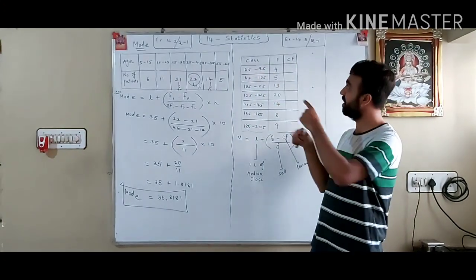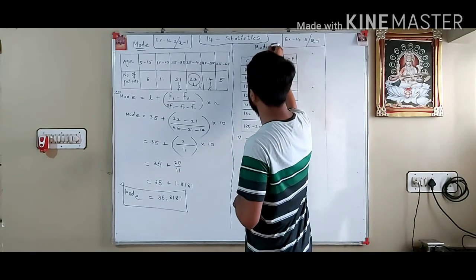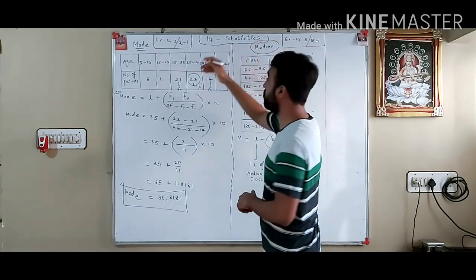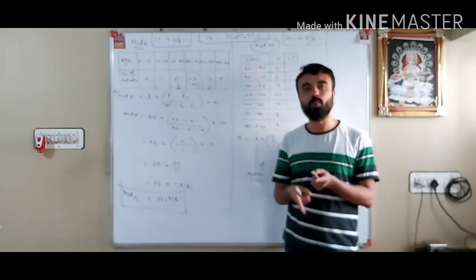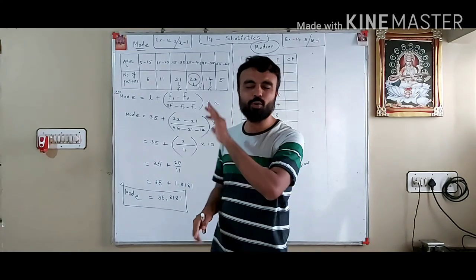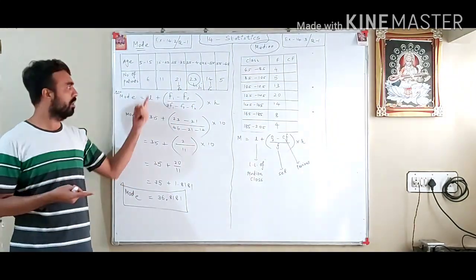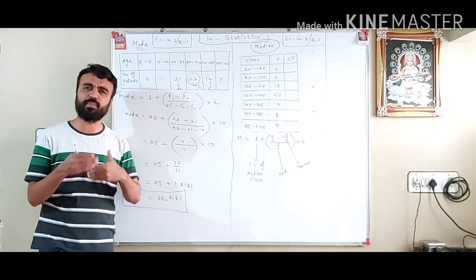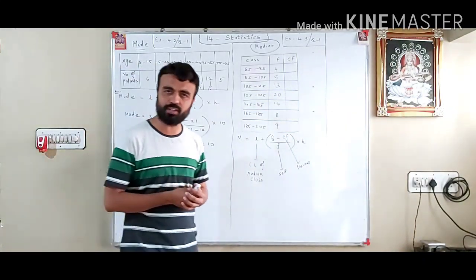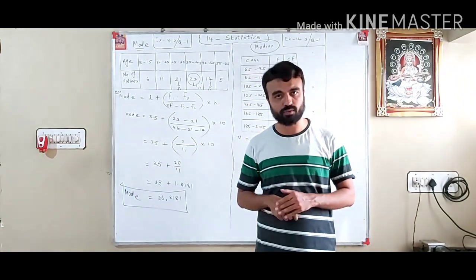And I am directly going to the next topic, that is median. If any sum was special in 14.2, then definitely I would have told you over here. But because there is no special sum and all sums are same, so solving one here will give you enough idea. You can play and repeat the video as many times as you want, and you can find out the solution of other sums.